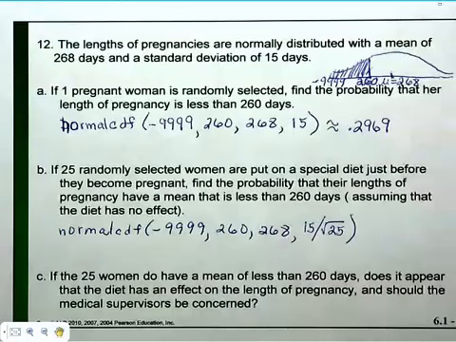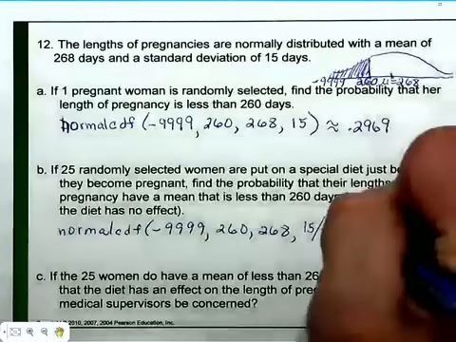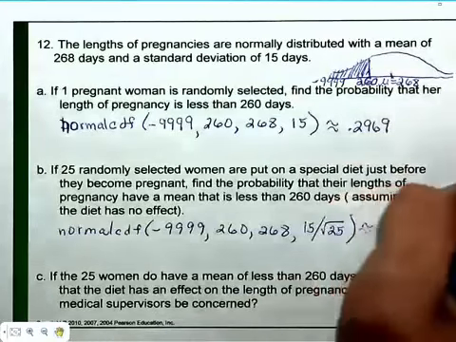You got to have the left one first, and then positive 9999. Or if the problem says between 2 scores, then you just type in the left one, comma, the right one. All right. I got that to be about 0.0038.